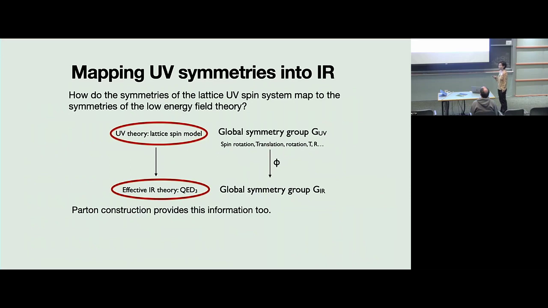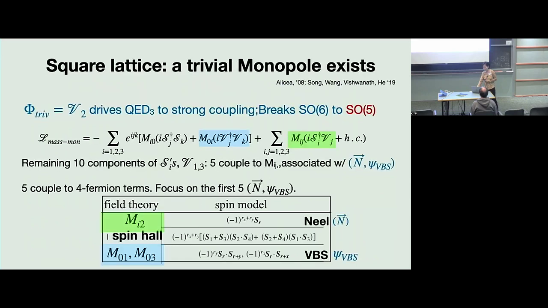The parton construction provides partially this information, namely the projective symmetry group action from the UV of the partons will map into certain group elements in the IR. But there are also other complications involved with the Berry phase. And after some work, we found that on the square lattice, there is a trivial monopole under the UV symmetry group, which is a singlet denoted formally by V2.